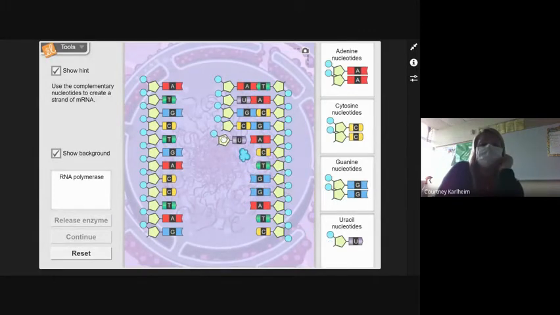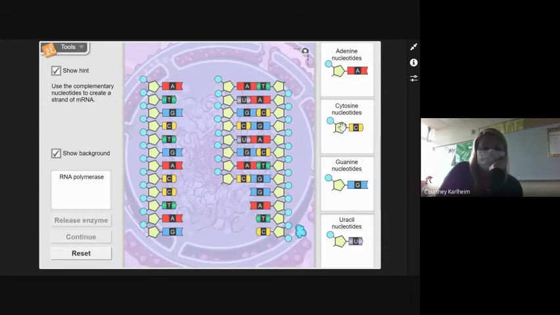It would be apples in the tree, but I get a U instead of a T. Oops. So once you build your sequence, that goes down here. Can I do that? Yes, I can.